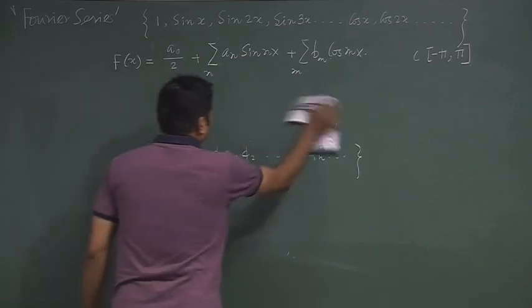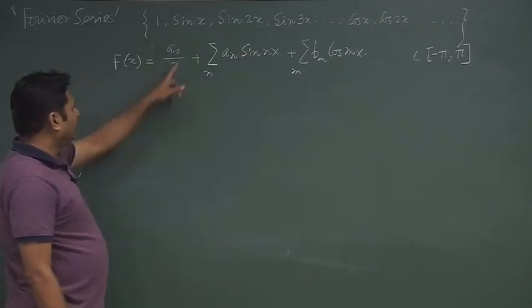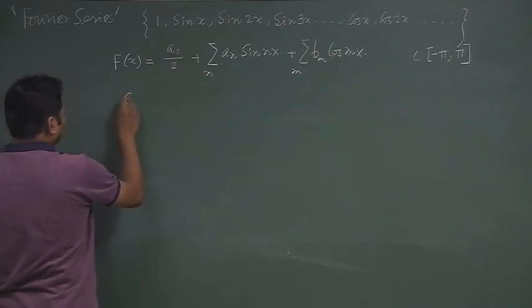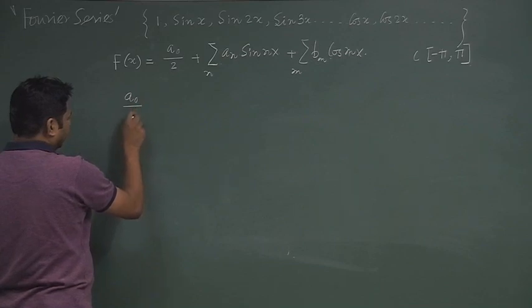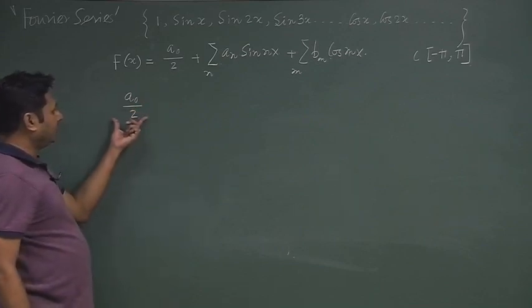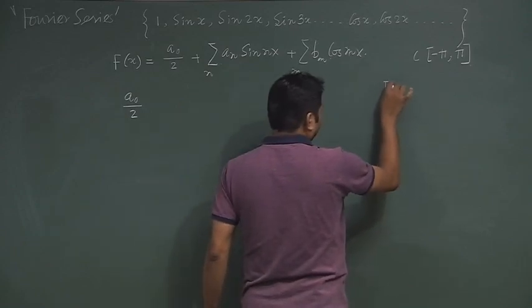Now, if I have this, readily I know what my coefficient is. There is a reason why I put 2, we will check that. What will be my a0 by 2? If you remember, let me write it here once again.